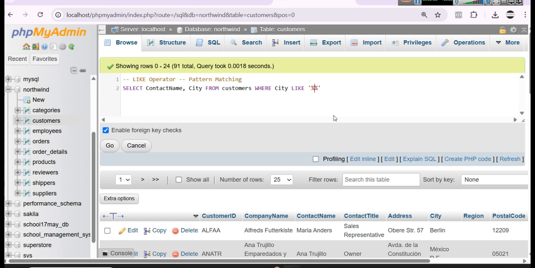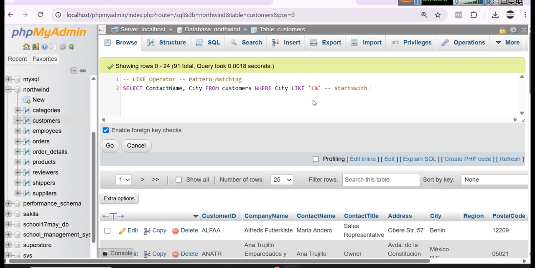So if I write percentage L percentage, this means where the city's name begins with L, and then after L there are any number of characters. So this is a way to write starts with.